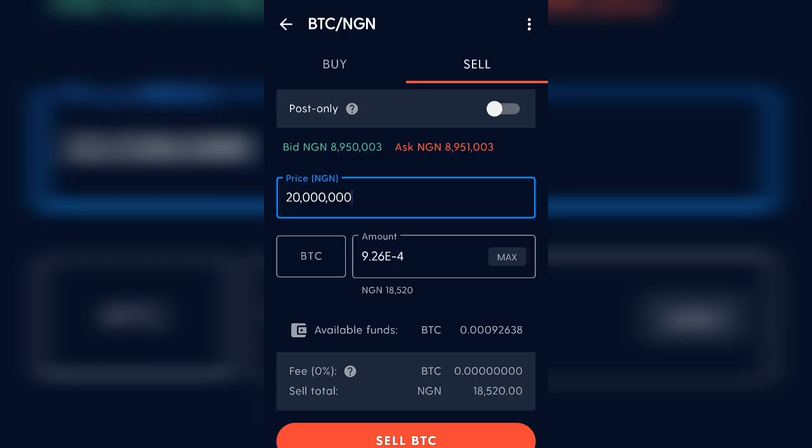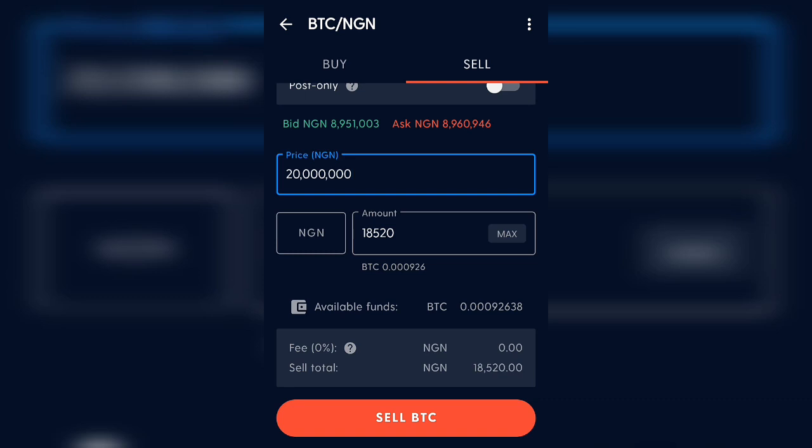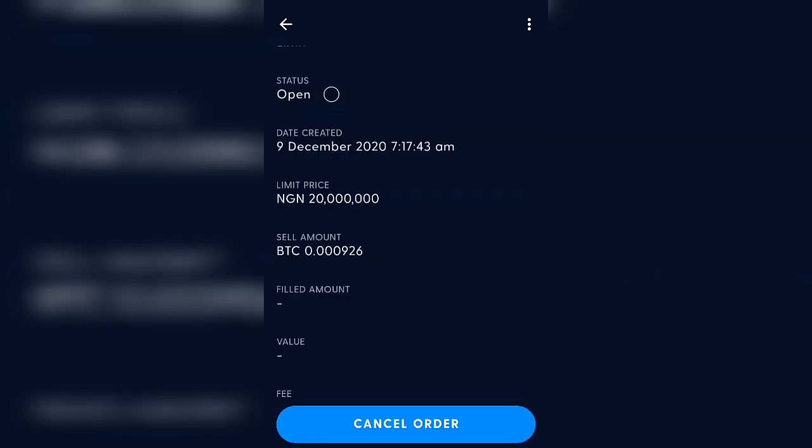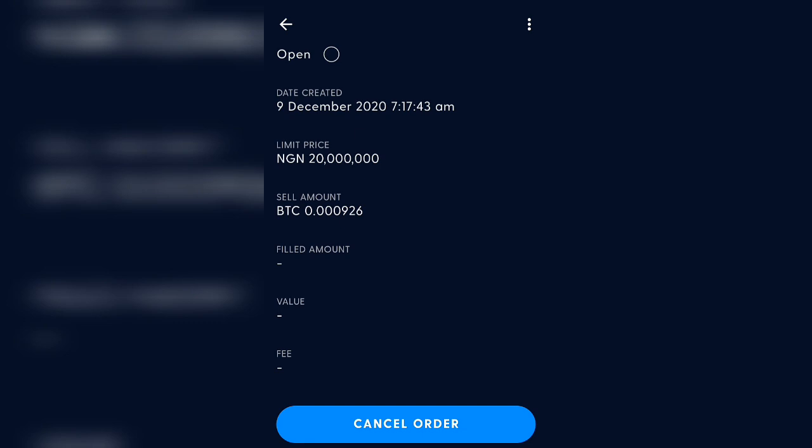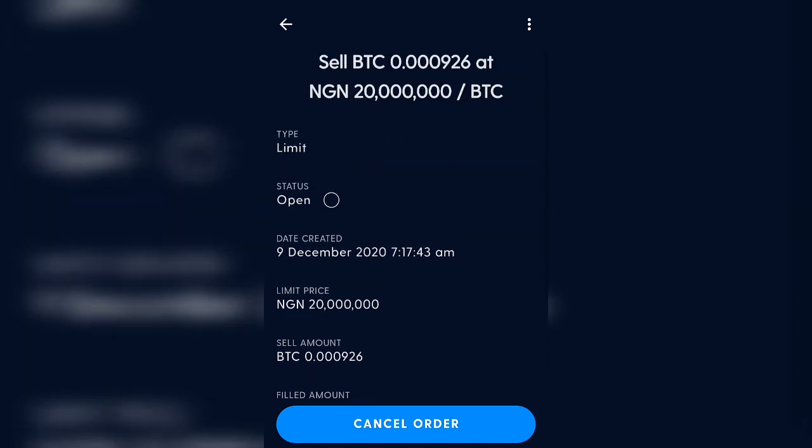As you can see, if I choose to sell all my Bitcoin at around that point, I would make around 18,520 Naira if I choose to sell at a higher price than where I bought. The fees you would be paying to sell would be zero. When the price of Bitcoin reaches 20 million, the order is going to be executed. That means I am going to sell 926 at around 20 million, and I'm going to make a gain when I sell at around that price.